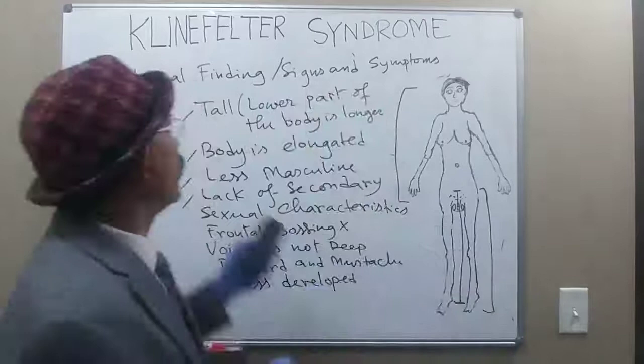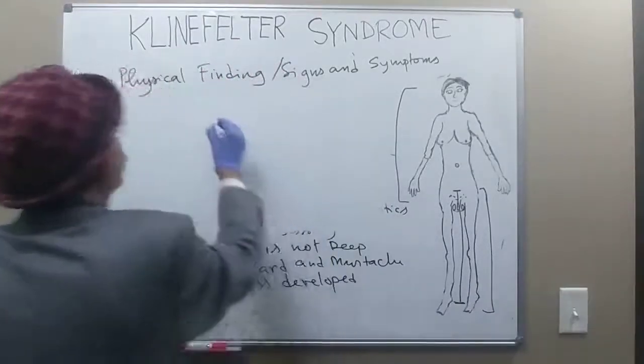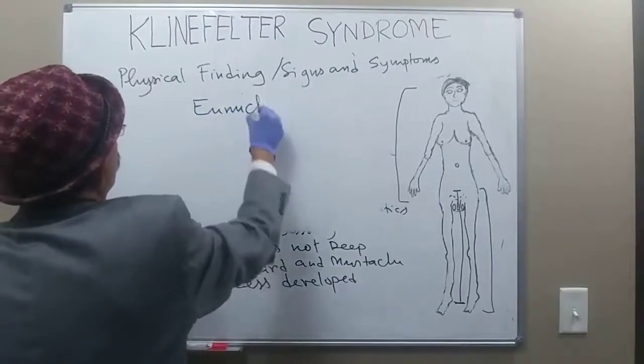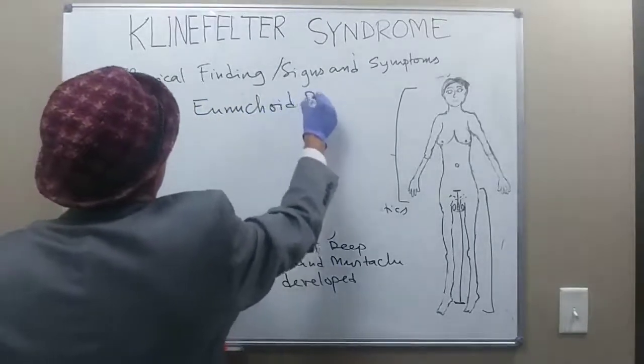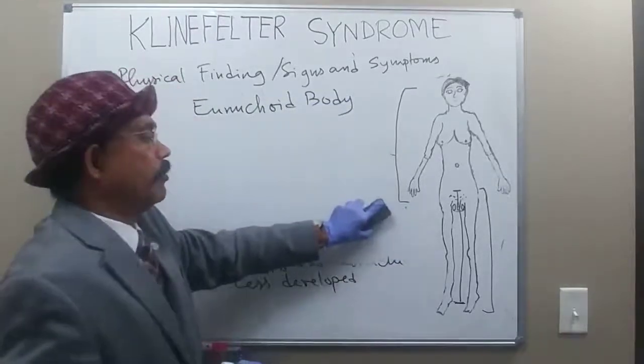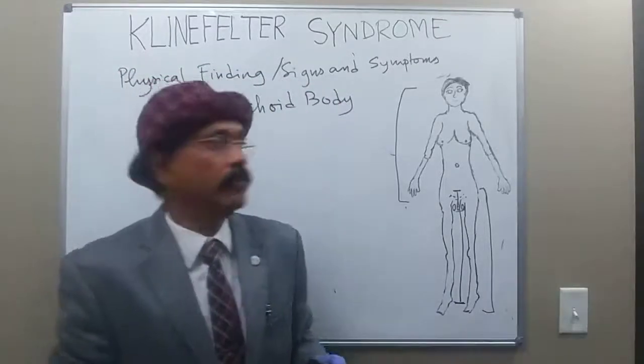So the person looks like a eunuch. Eunuchoid body. That means a person without testes.